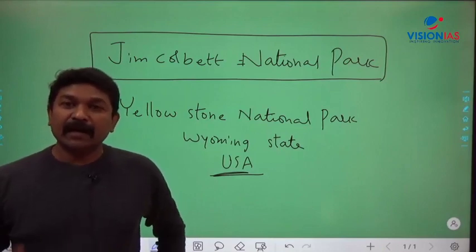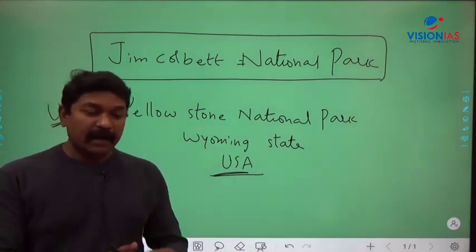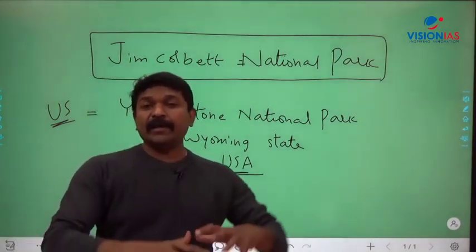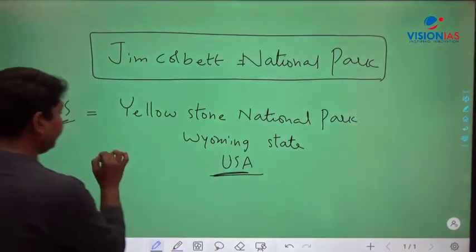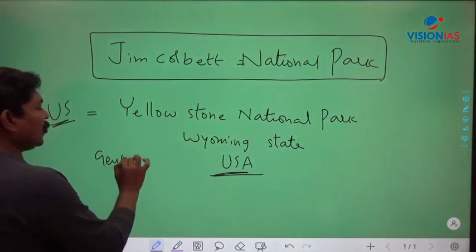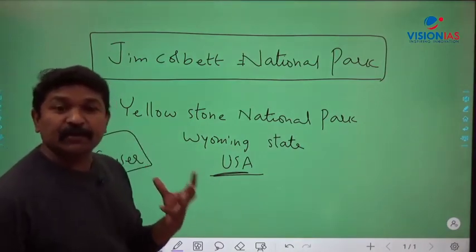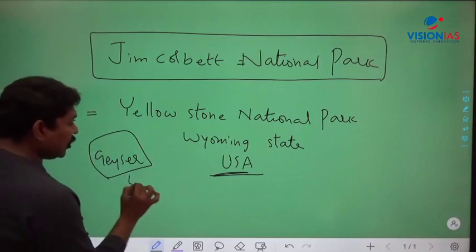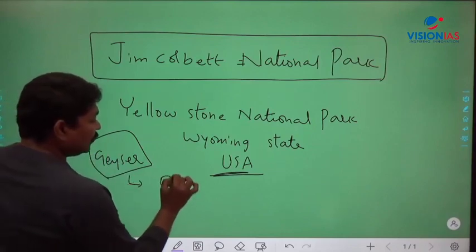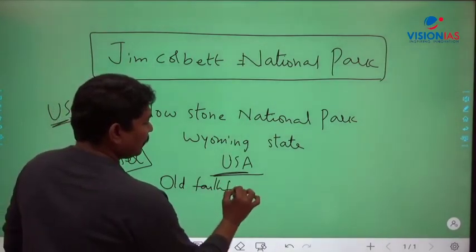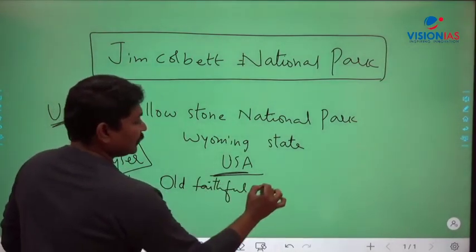In Yellowstone National Park you can find one very important geyser. There is a geyser, probably you might have heard about this in the subject geography. There is a geyser called Old Faithful Geyser.